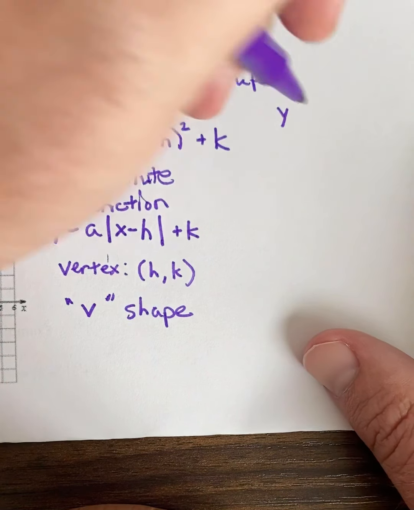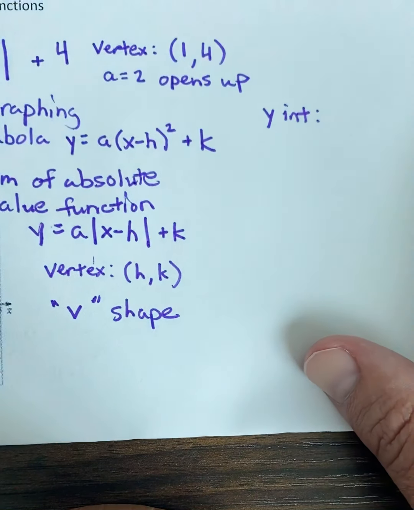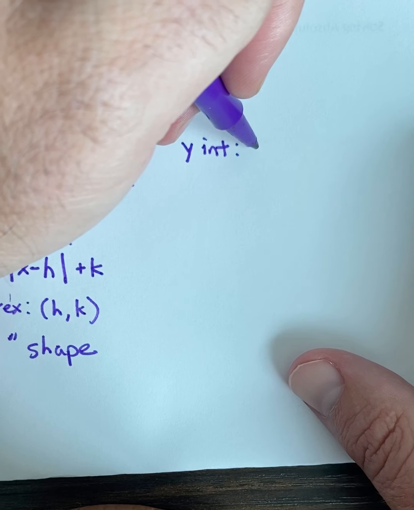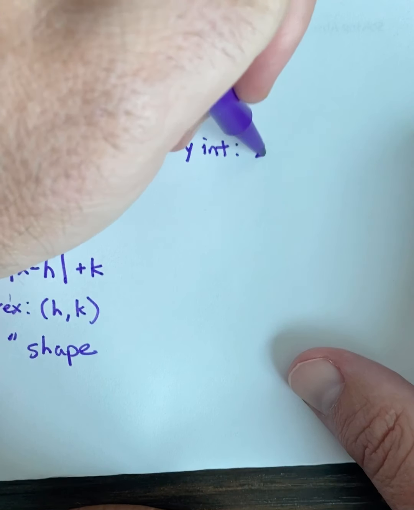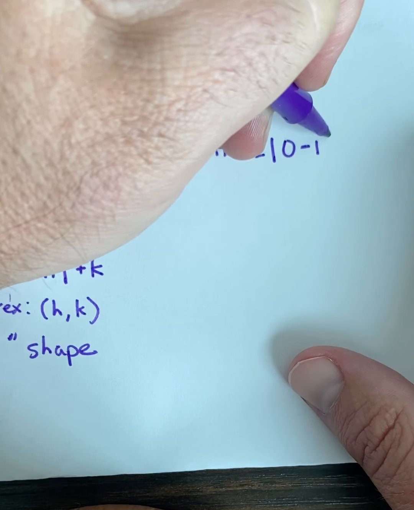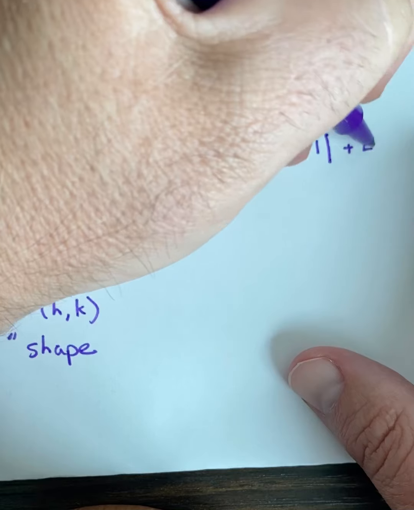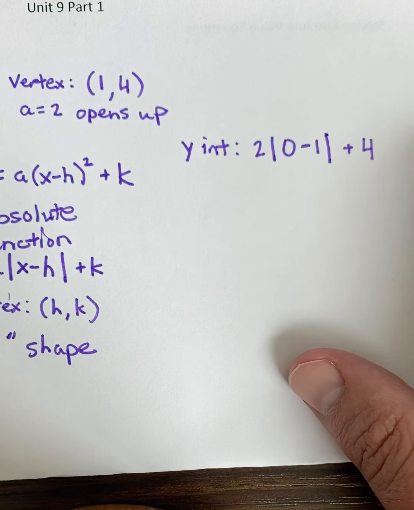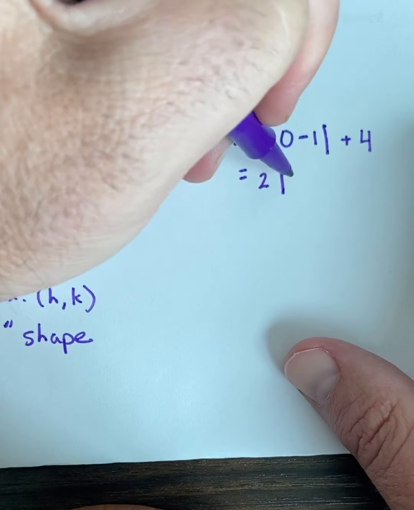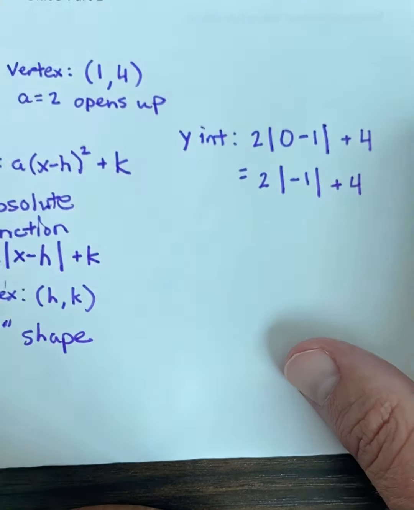So for the y-intercept, we're just going to make x equal to 0. So we're going to have 2 times the absolute value of 0 minus 1 plus 4. That's equal to 2 times the absolute value of negative 1 plus 4.